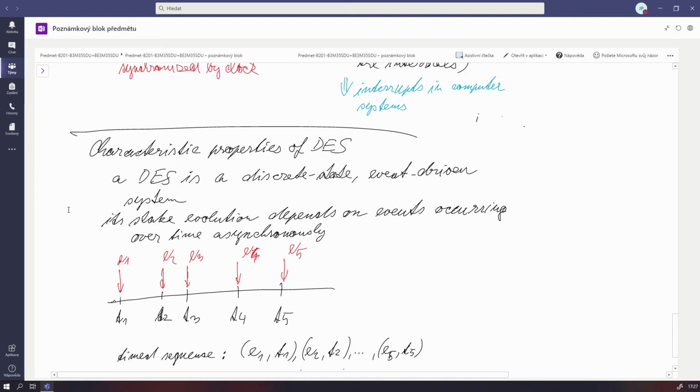And at each event, a state change may be performed.